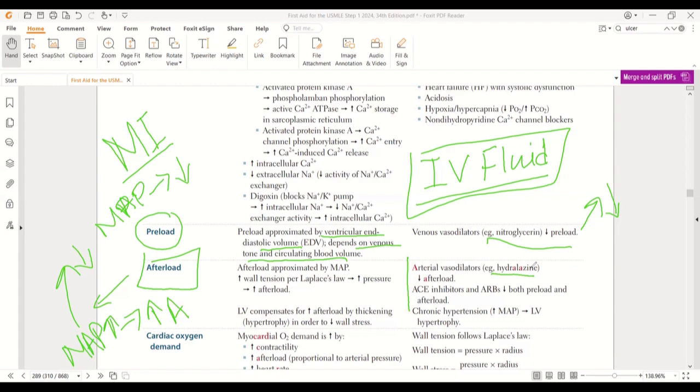So nitroglycerin mainly decreases the preload, while hydralazine causes arterial vasodilation, leading to decreased afterload. The ACE inhibitors and ARBs, angiotensin receptor blockers, decrease both preload and afterload.